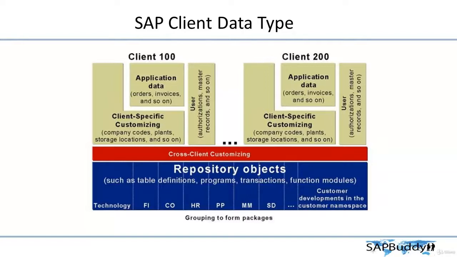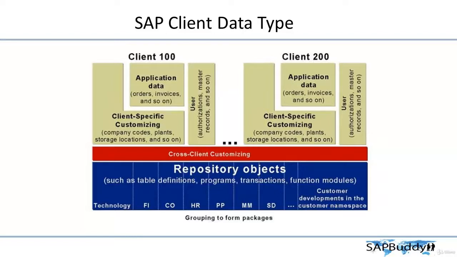The user we create in a specific client is specific to that one client. So the application data, customized client specific data, and the user data are client specific information. It differs from one client to another.